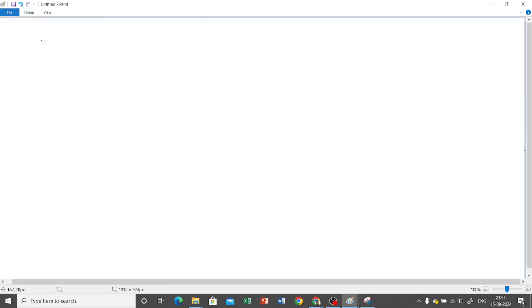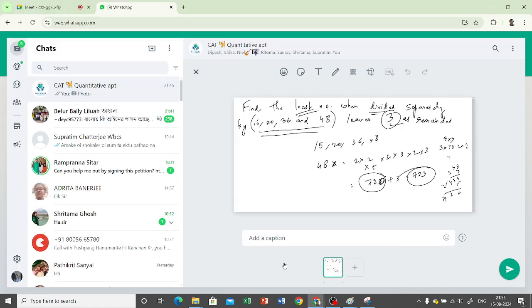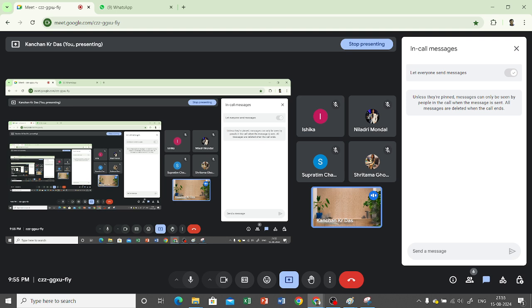Try out this sum, please. Please write down this sum. This is a quite lengthy sum, so I don't want to waste time writing.